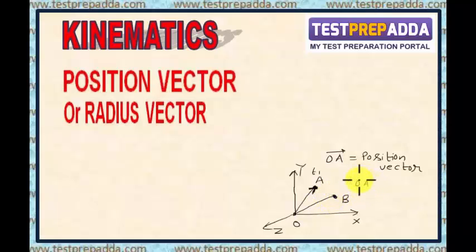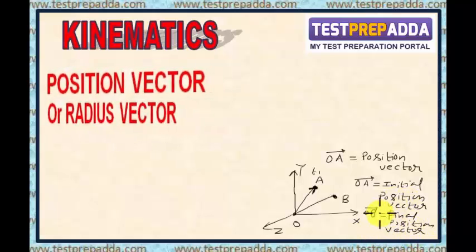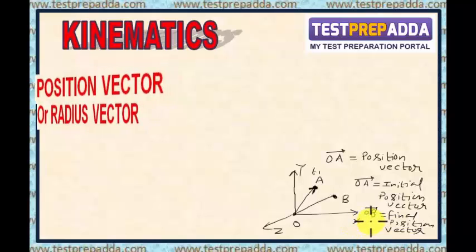OA I'll say as initial position vector, and OB I'll say as final position vector. Initial position vector and final position vector.